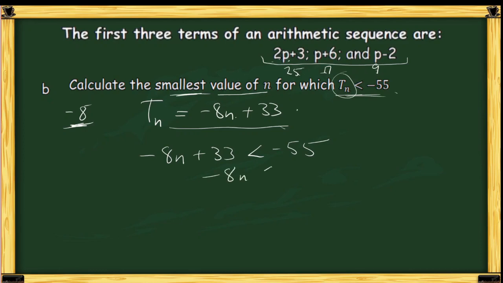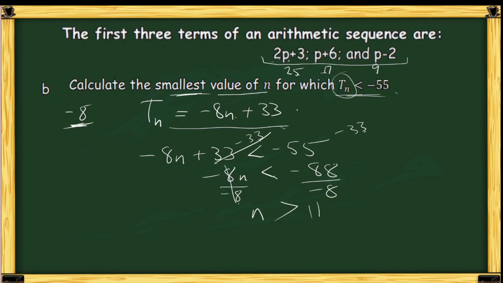The solution is quite simple. You just transpose that 33, or subtract it from both sides. That gives us negative 88, which means if I divide by negative 8 on both sides, I get an n, and on this side we'll get an 11. But remember what happens to an inequality once you divide or multiply by a negative. It flips.